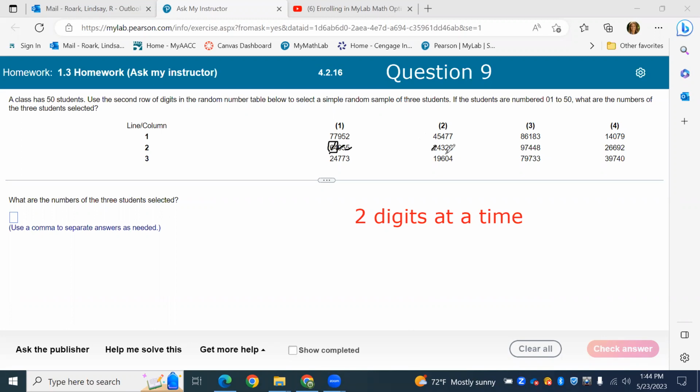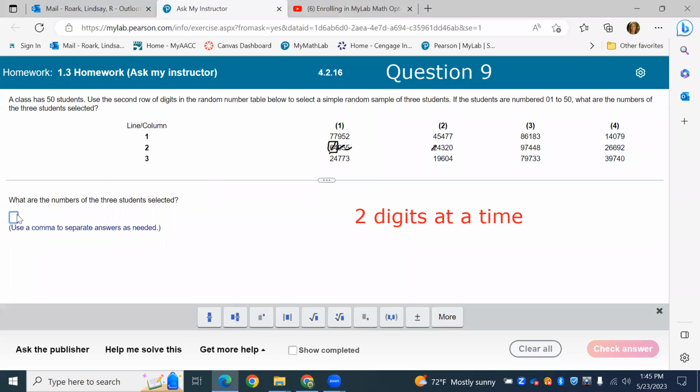Let's see if we can actually get a number out of here. The next 2 numbers are 4 and 3. 43. Oh, okay. We have one of the 3 numbers that we need. So I'm going to go ahead and type 43. It says use a comma to separate answers. Okay, so 43, comma. Let's keep going. I'm going to cross out 43. You can also always write these numbers down to help you keep track.